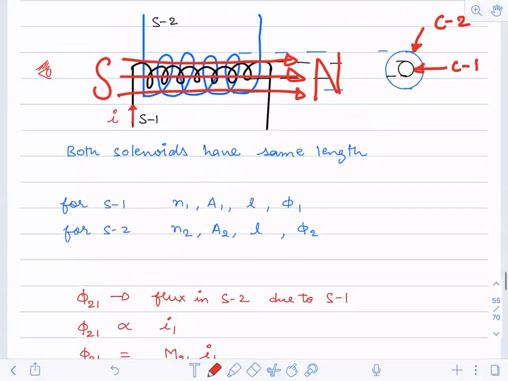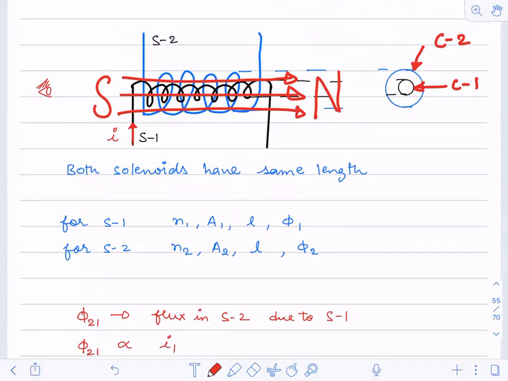Now you tell me, is the main current in the first solenoid or in the second solenoid? It's in the first solenoid.